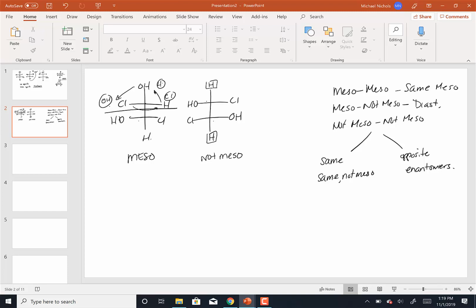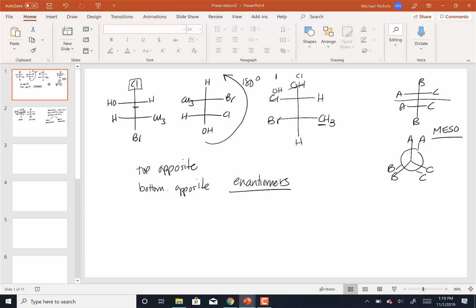So then you have to orient the molecule to determine, is it meso or is it not meso? So should you just orient the molecule at the beginning and check? Yeah, that's what we just did. Is it always going to be a 180-degree rotation? Oh, well, that was for the other molecule.